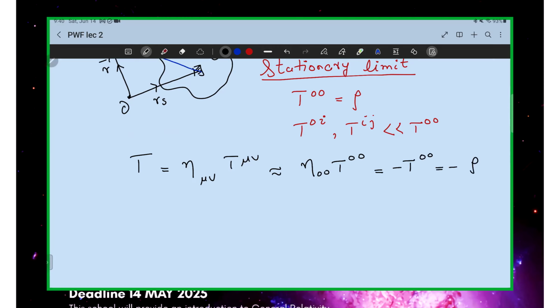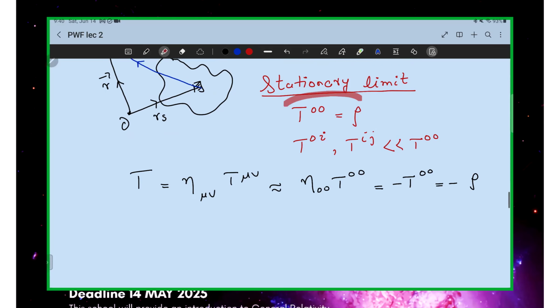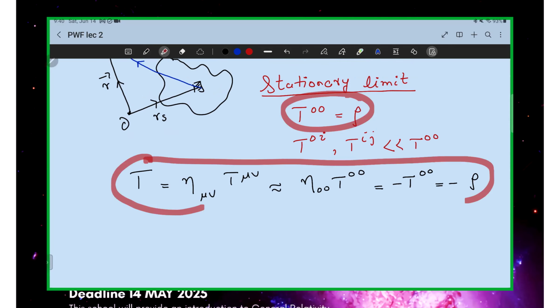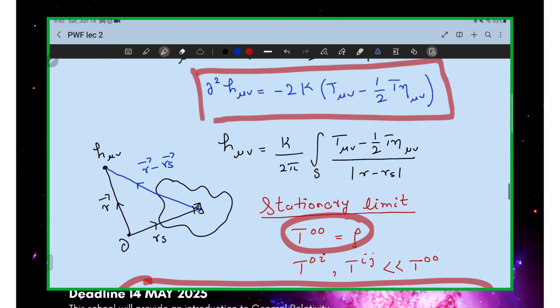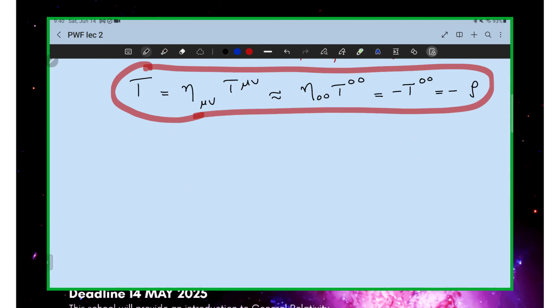Okay, now if you use this result, that T is equal to minus rho, and you put that here in this equation, what do you get? You get minus kappa. You had T mu nu. Let me write it down again.